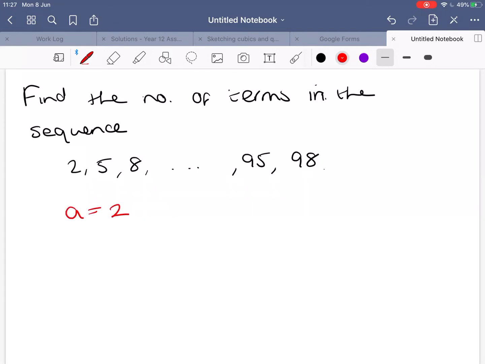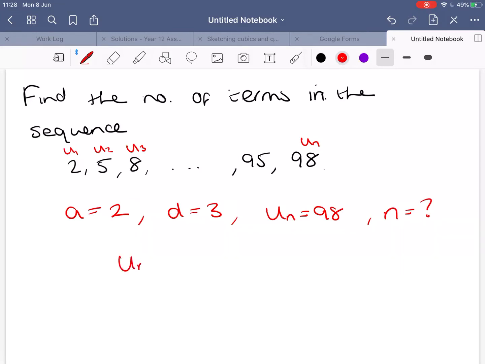I know the first term is 2. I know the common difference is 3. My last term, which is going to be my u_n, is 98. And n is what I want to find out. I want to find how many terms there are, because that's u_1, u_2, u_3, and we want to find u_n, and the n will tell us how many terms are in the sequence.